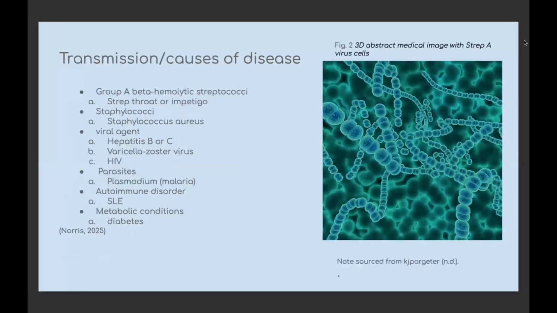So for the transmission and causes of the disease, there are various conditions that can cause acute glomerulonephritis. The most common is group A strep, often after a strep throat or skin infection like impetigo.